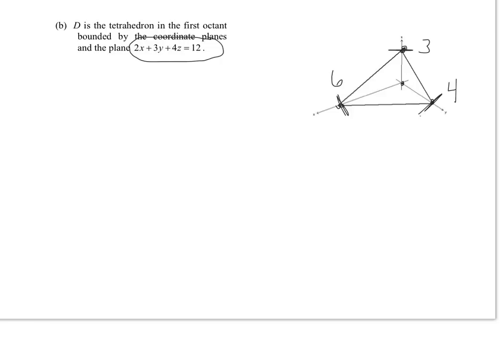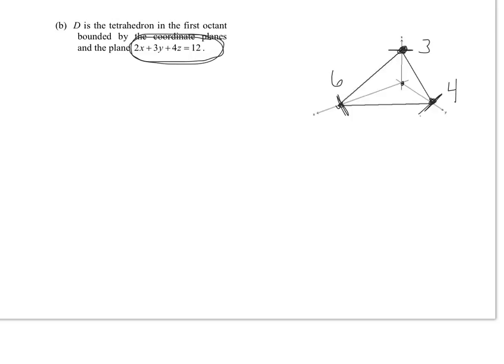You can deduce that very easily because this equation is satisfied by the point (6, 0, 0), right there, the point (0, 4, 0), right there, and the point (0, 0, 3), right there.